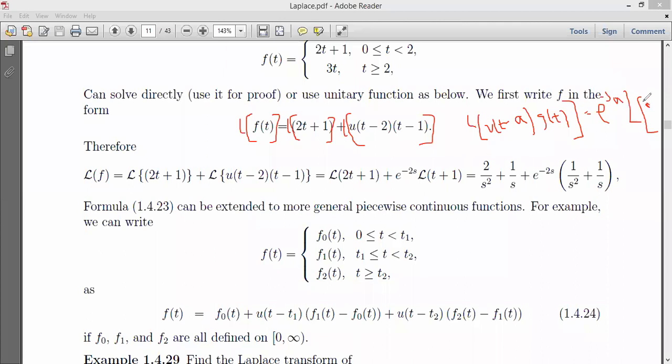My mouse is a little bit rough today. I hope we are together there. So from this, we can tell that our g of t is the t minus 1. Is that okay? And the a, since this is t minus 2, the a is 2.